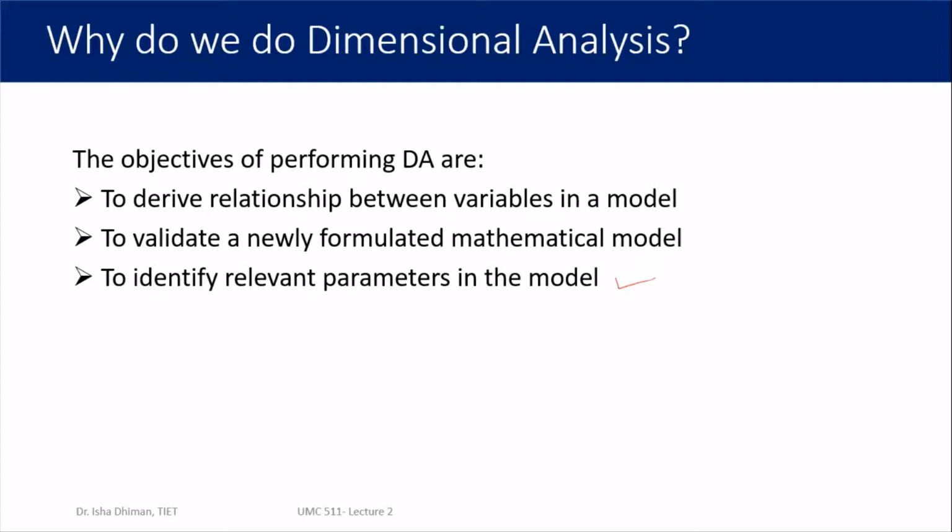There can be many factors involved, but usually the conclusion turns out to be that only one factor is a controlling parameter, and the rest are superfluous and not necessary. So dimensional analysis helps us make decisions about which parameter to include in the model and which is not required at all. For this also we'll be doing examples.